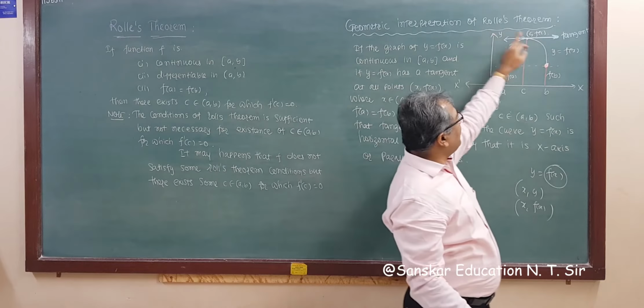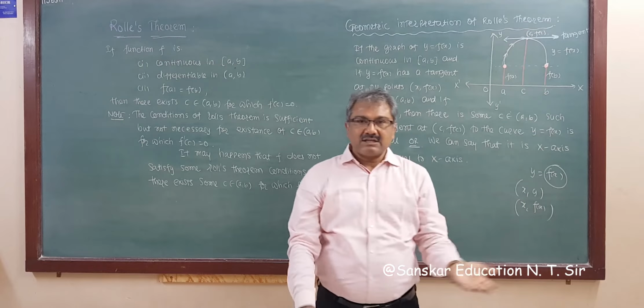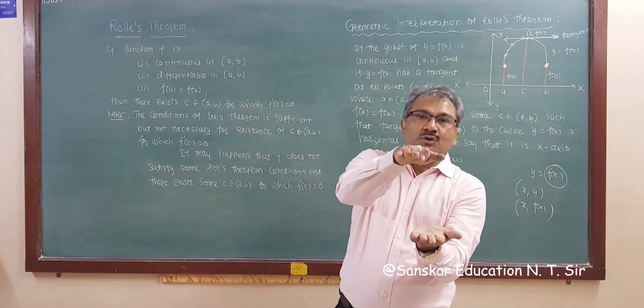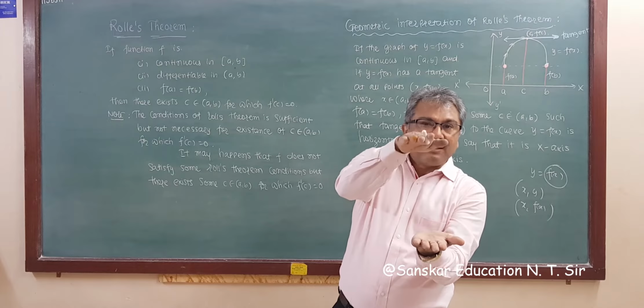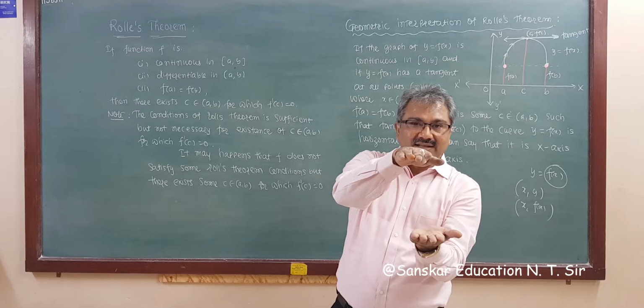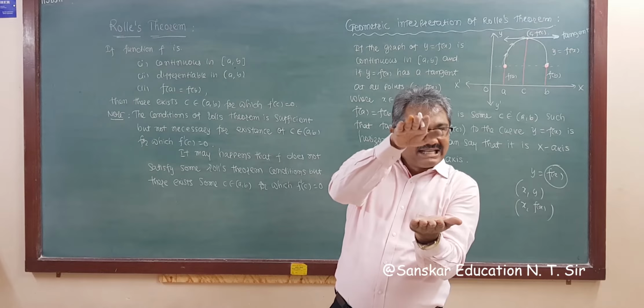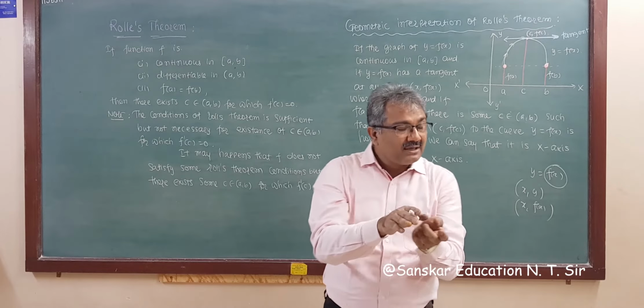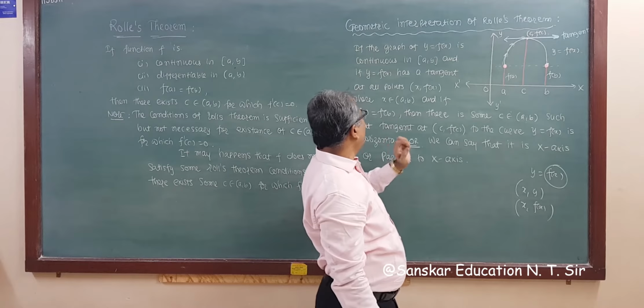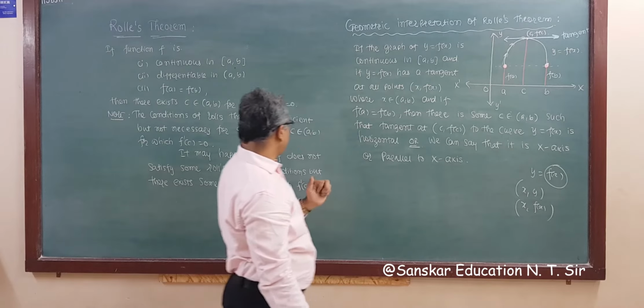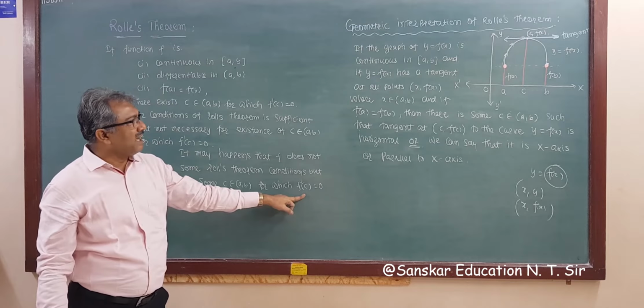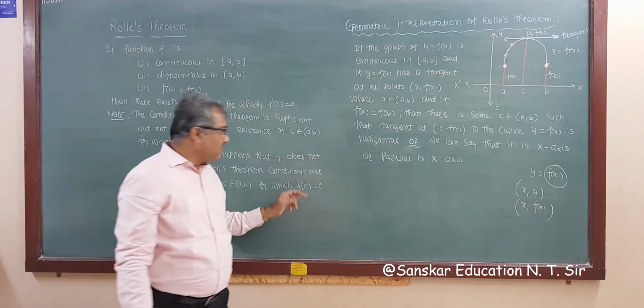Tangent at any point c is always parallel to the x-axis, right? Either it's the x-axis itself, because you have the condition f dash c is equal to 0. What is this f dash c?